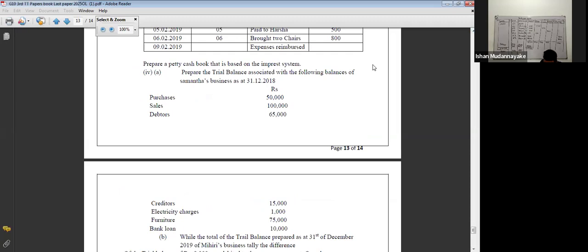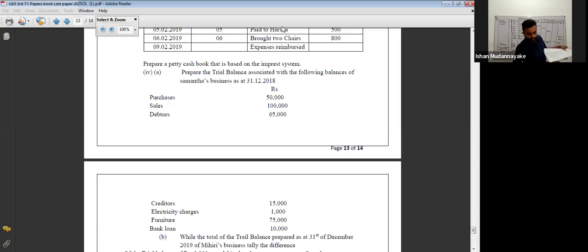Prepare the trial balance with the following balances of Samantha's business as of 31st December 2018: purchases, sales, debtors, creditors, electricity charges, furniture, and bank loan. If the trial balance is not equal, you can calculate capital, but the examiner has not provided that information properly. The question is incomplete.